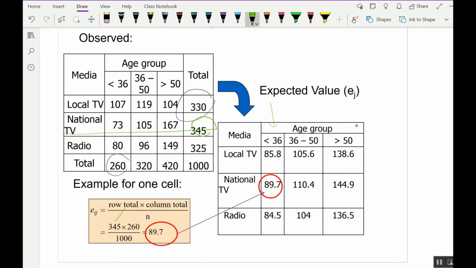So you take 345 times 260, divided by n, the total sample size, which is 1000. So they get 89.7. The same goes for the others.